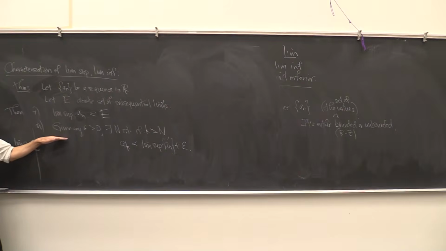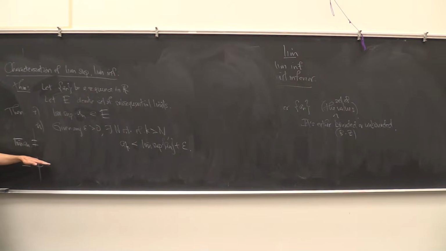So this is kind of like half of that condition. It says that if this is the lim sup, then given any epsilon, there's a time past which everybody is below that. And similarly for the lim inf: given any epsilon, there's a time past which everybody's above that.